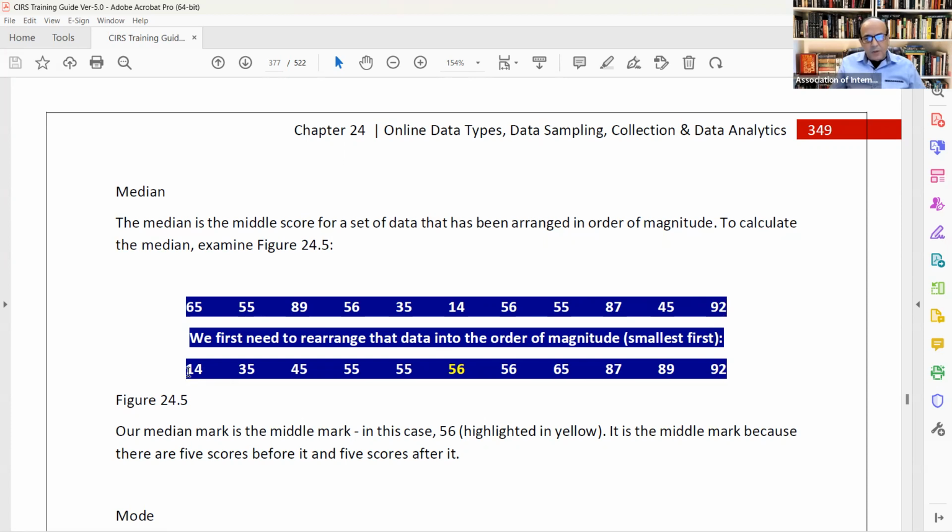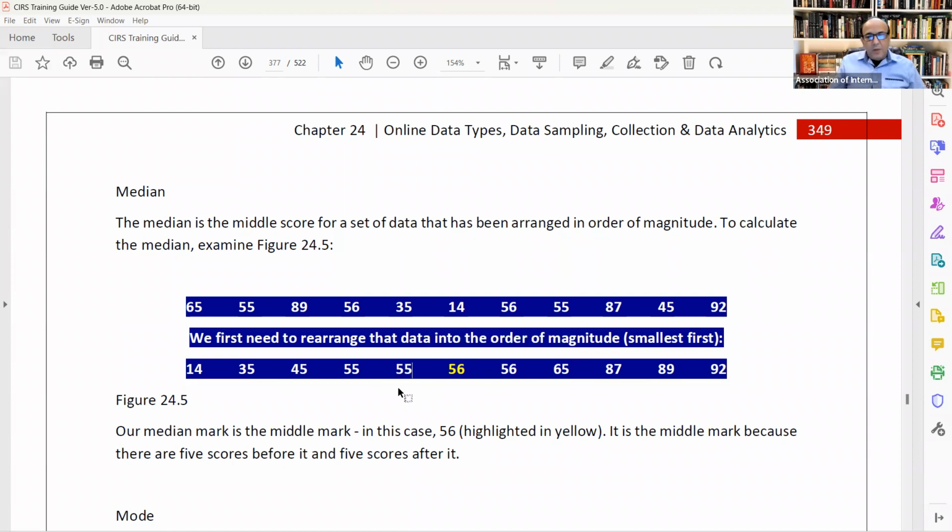So let's suppose median means that we have to give some organization to those numbers, however random they may be. So one method would be to just put the lowest number and put other numbers right next to it until you reach the highest number, which is 92. And incidentally, if there are two indicators of the same number, then again you may end up in some sort of a problem.